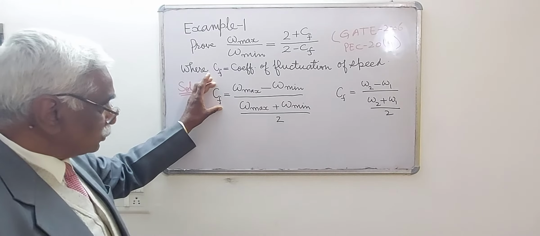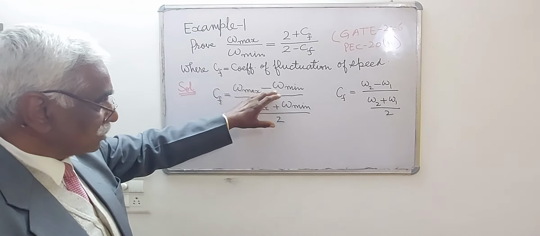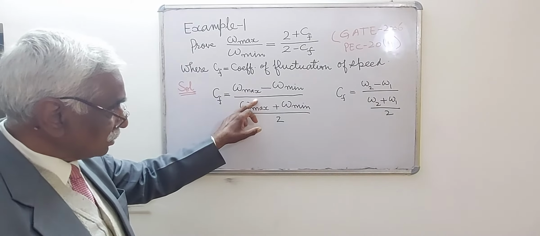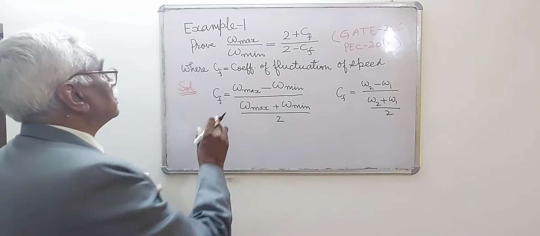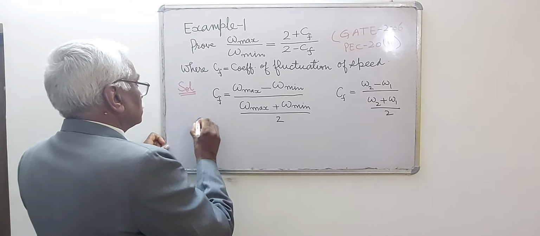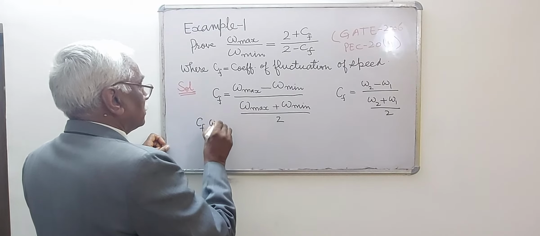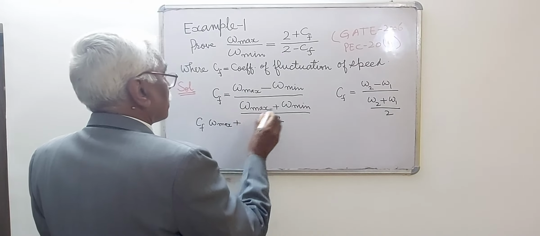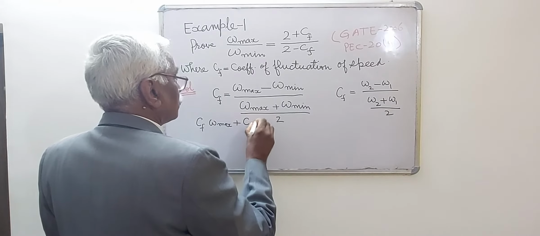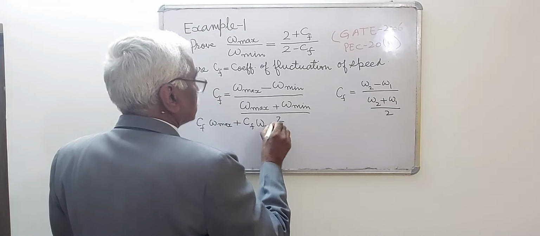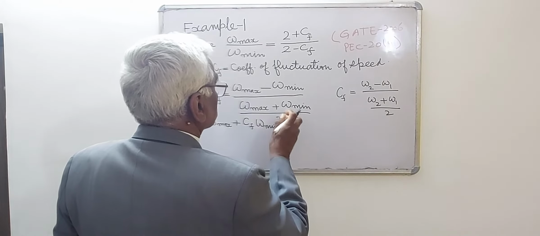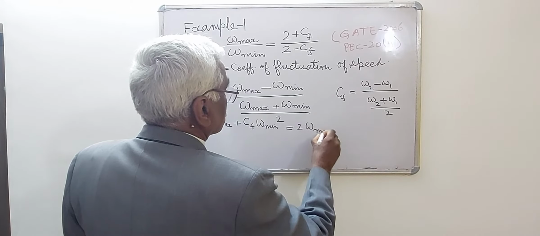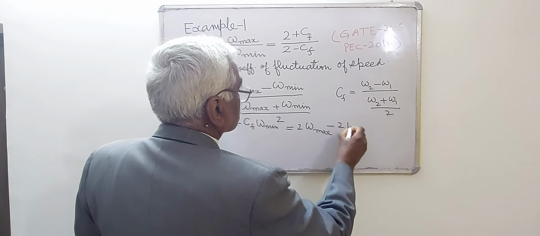Now, we start the solution like this. We know that CF is equal to omega max minus omega minimum divided by the average of omega max and omega minimum. So it can be written like this: CF omega max plus CF omega minimum is equal to, this 2 will go, 2 times omega max minus 2 times omega minimum.